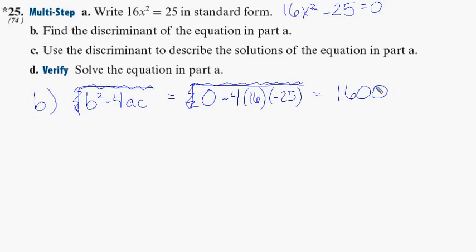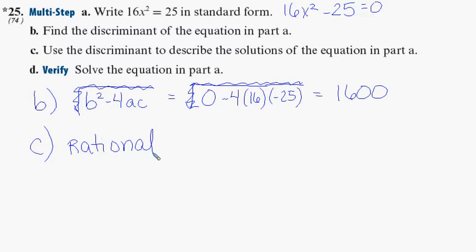Okay, so use the discriminant to describe the solutions of the equation in part A. Well, do you see that 1600 is a perfect square? So that means it's going to be a rational solution. We talked about that, I think, in the video for number 15, and also maybe the video for number 10.